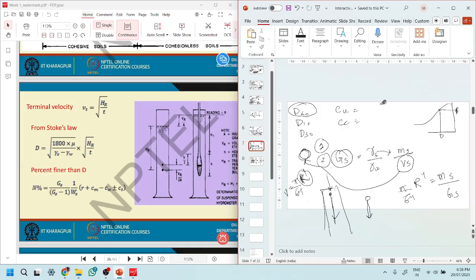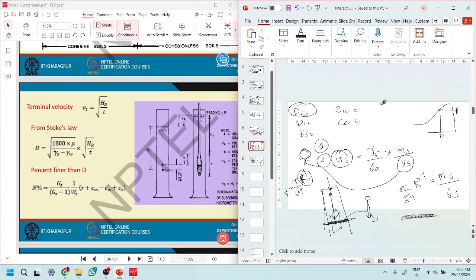But when we talk about the specific gravity that the hydrometer is calculating, it is calculating it for this solution. So it means that it is calculating how many particles of this material are in this solution. If you understand what I'm saying.